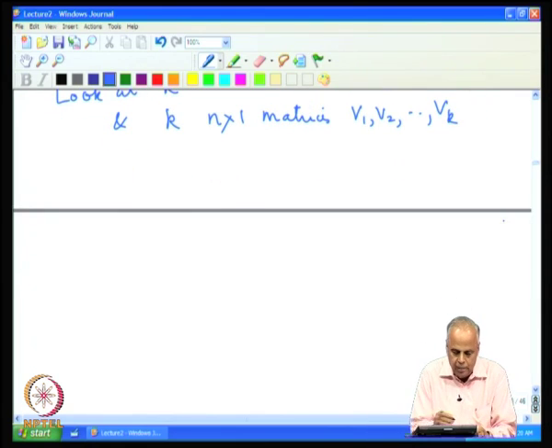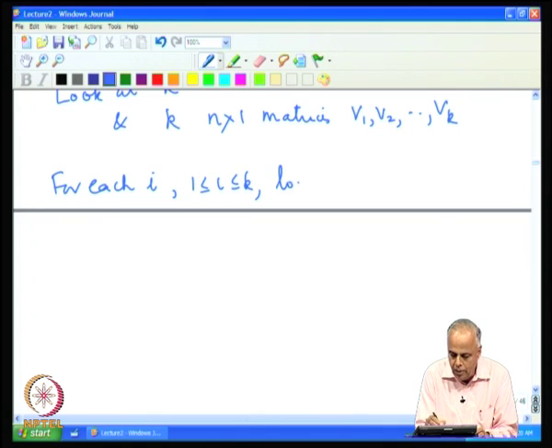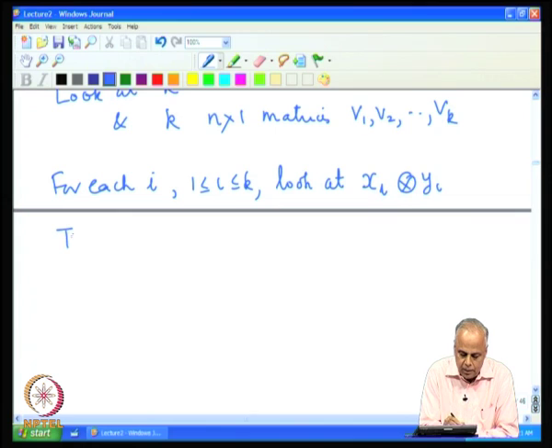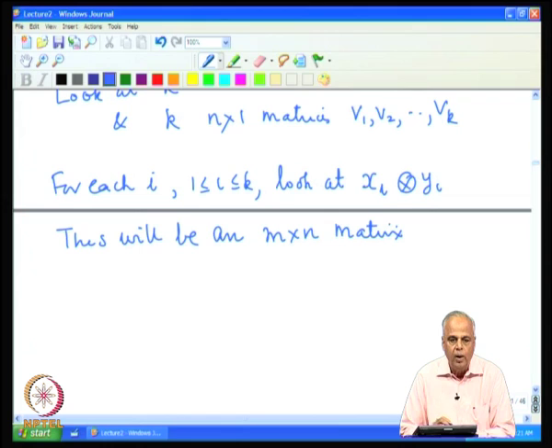So, for each i, 1 less than or equal to i less than or equal to k, look at the tensor product of ui with vi. Now, since ui is m by 1, vi is n by 1, the tensor product will be an m by n matrix. For i equal to 1 we get one m by n matrix, for i equal to 2 we get one m by n matrix, and so on.